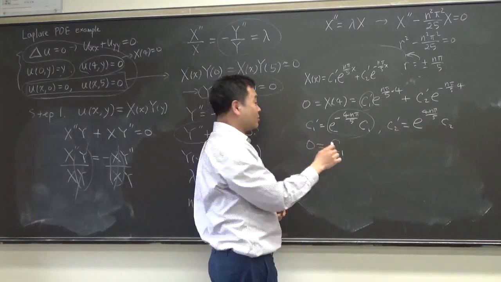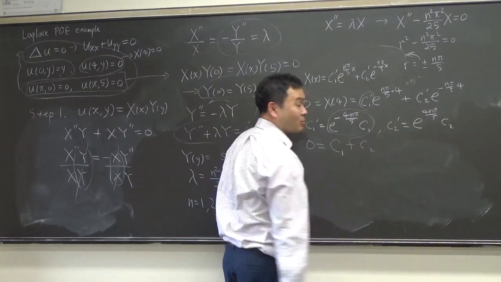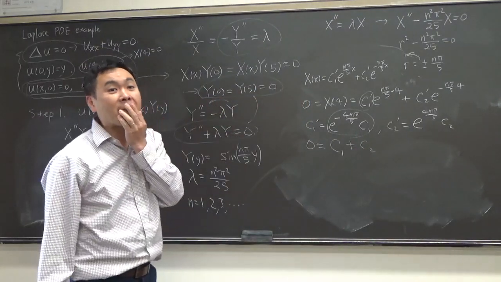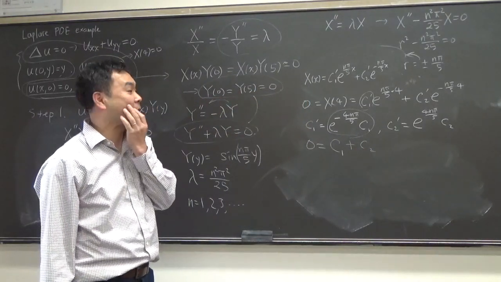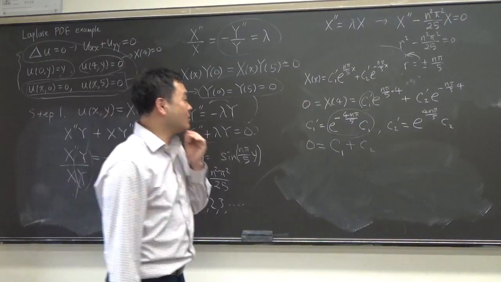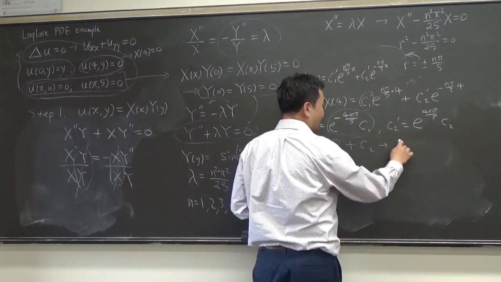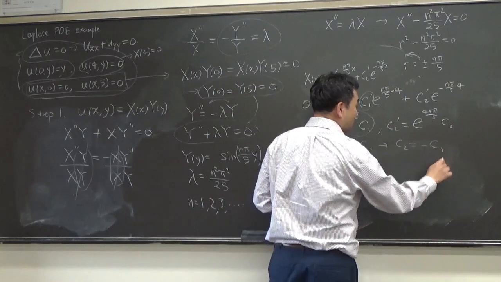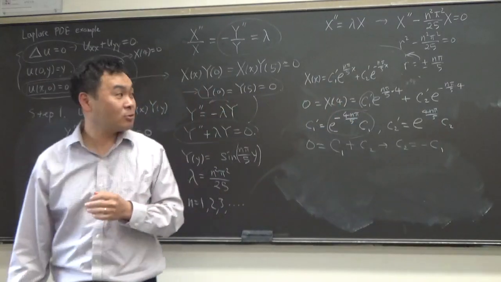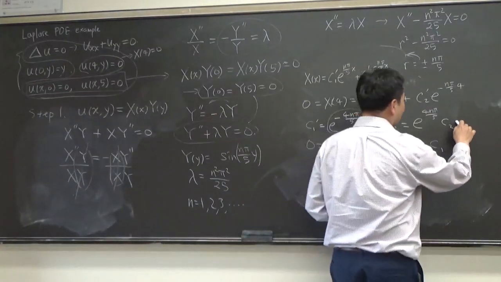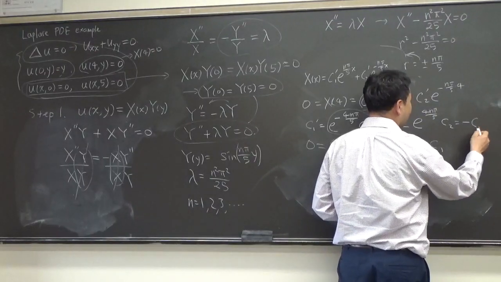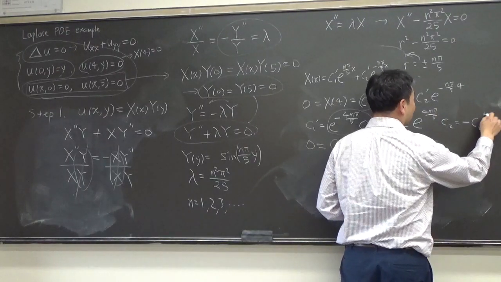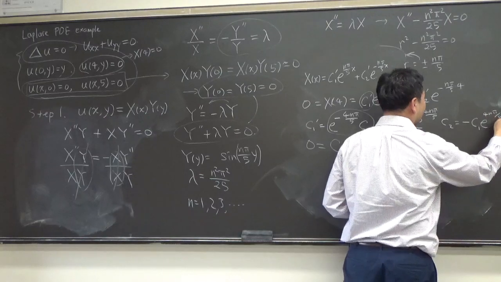Just C2, right? Okay? Is that good? All right. So C2 is just equal to negative C1. All right? So you can rewrite this as negative C1 e to the 4 n pi over 5.